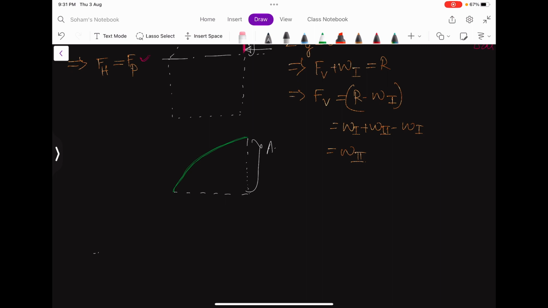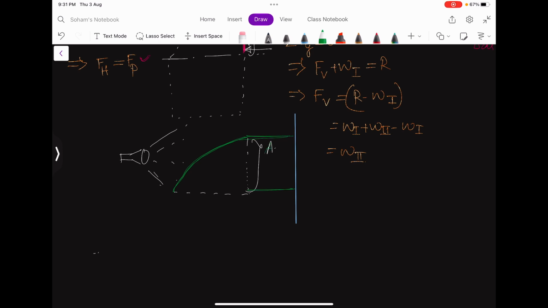If I put a torch here and give the light rays, and if I take a screen here, then the shadow will be something like this.